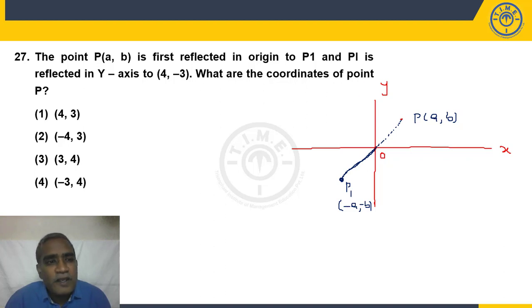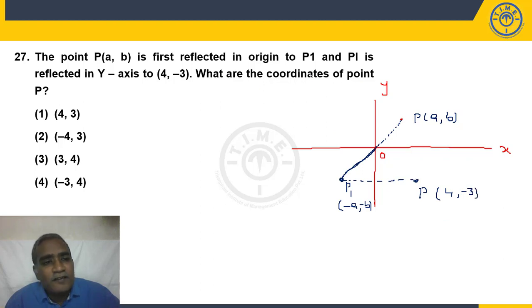Right. Now P1 is reflected in the y-axis. This is P2. P1 is reflected in the y-axis to 4 comma minus 3.